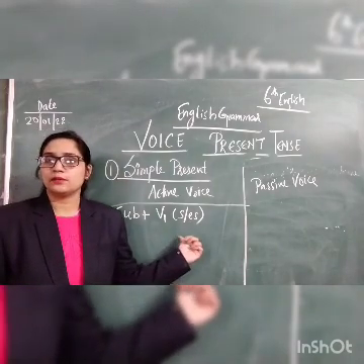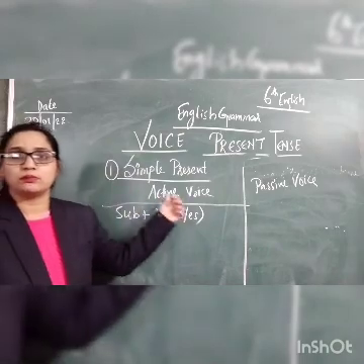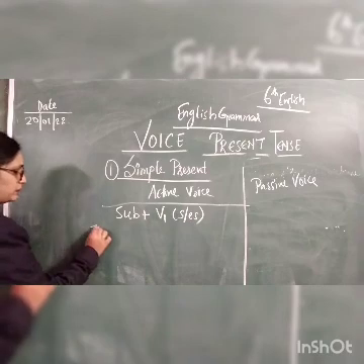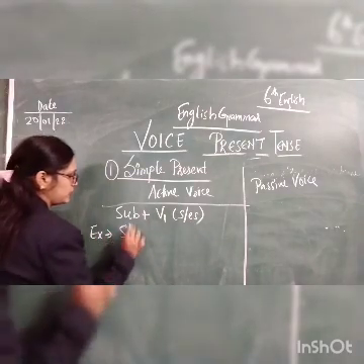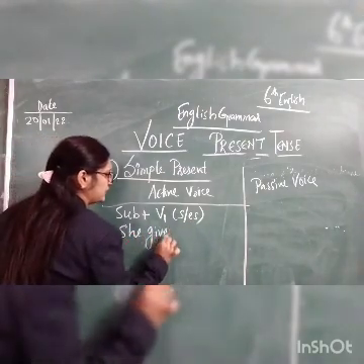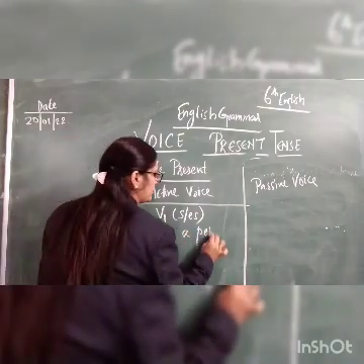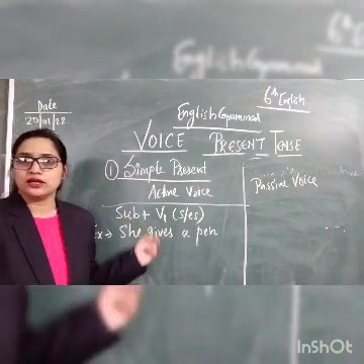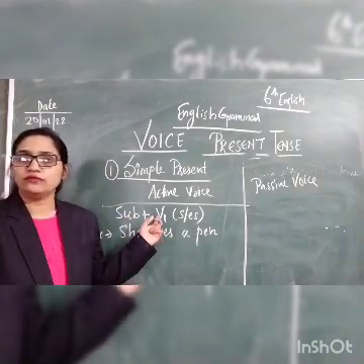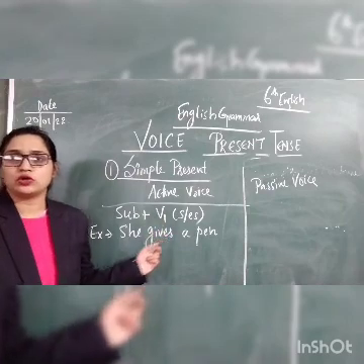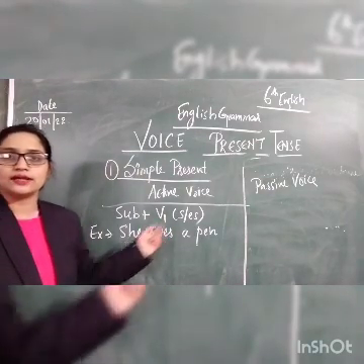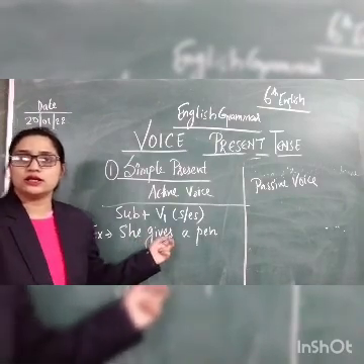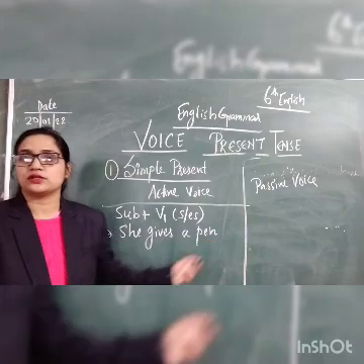That is the simple structure of simple present in active voice. Now example: she gives a pen. She is the subject, give is the verb first form, s because she is third person singular, that is why we are using s with gives. A pen is an object.